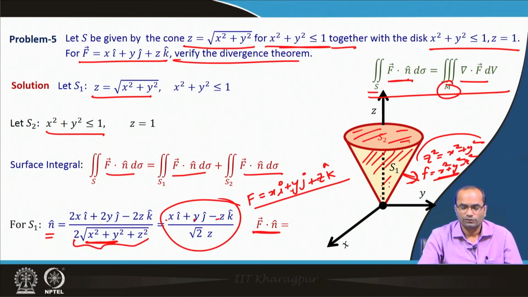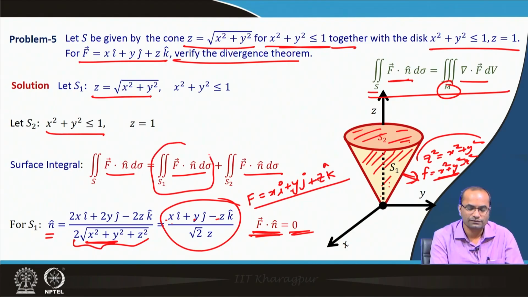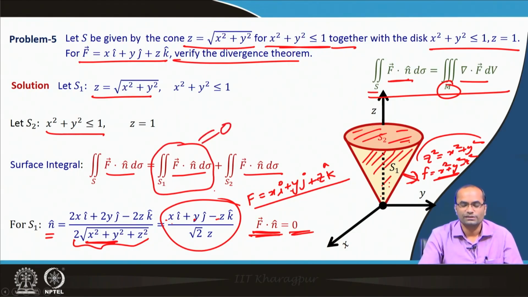But if you look at the numerator, we have x square plus y square minus z square, and on the surface this is going to be 0, because our surface is z square equal to x square plus y square. So, this dot product is going to be 0. That means the first surface integral over S1, f dot n d sigma, is going to be 0.